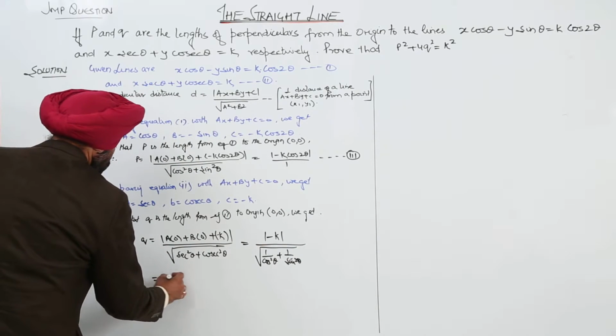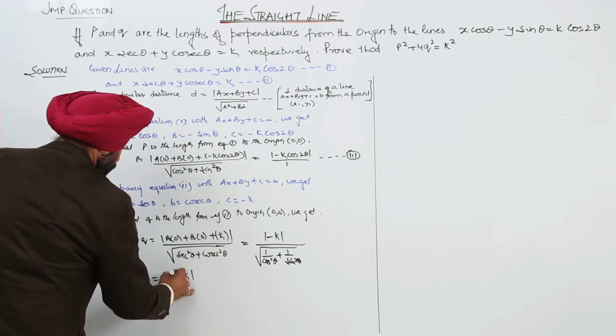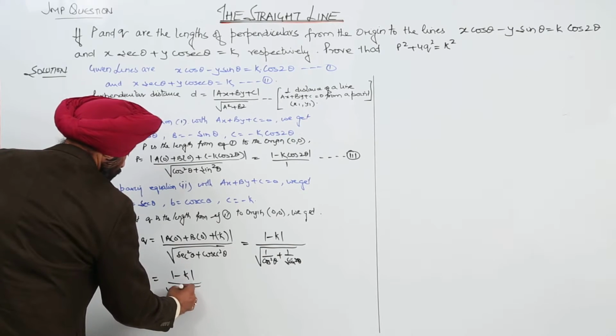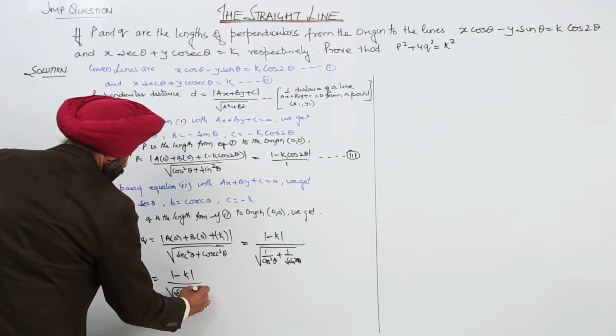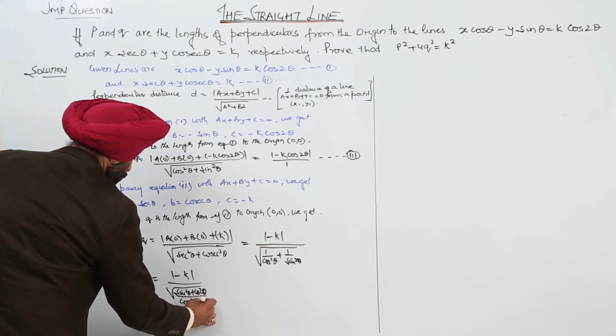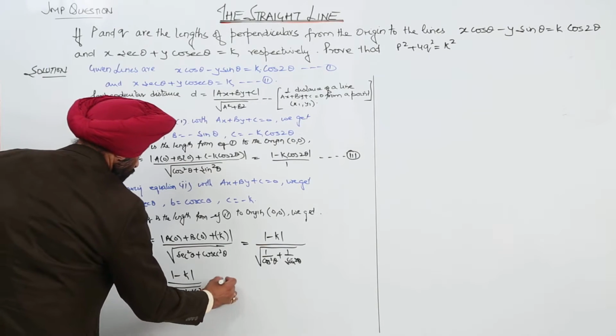Further, this will be negative of k upon sin square theta plus cos square theta upon cos square theta sin square theta.